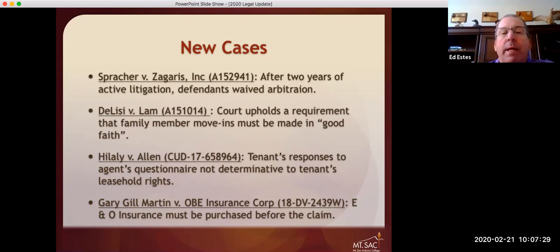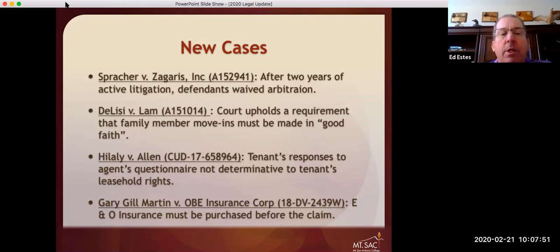Whereupon the landlord then allocated that parking space to a different tenant and presumably charged that different tenant additional rent. The court here said that no, you can't take a tenant's response to a questionnaire and have that modify the terms of a lease or rental agreement.